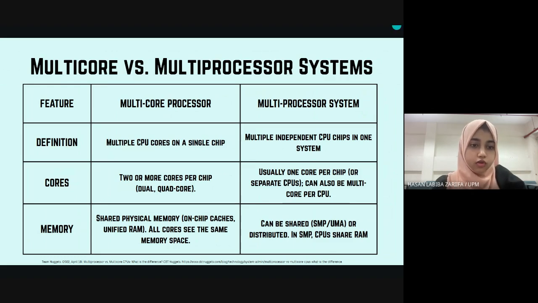It can be dual or quad core. And a multiprocessor system usually uses one core per chip, but it can also be multiple cores per CPU. For memory, a multi-core processor uses shared physical memory, and all cores see the same memory space, and a multiprocessor system can be shared or distributed. Next slide.